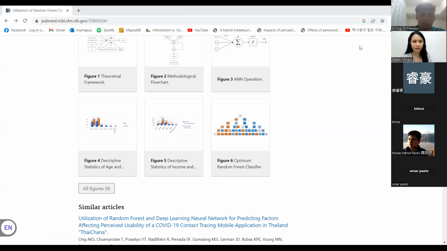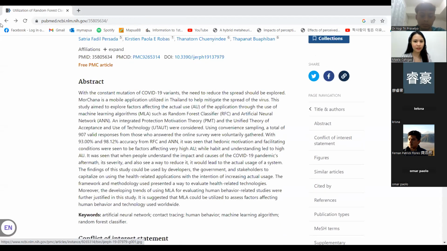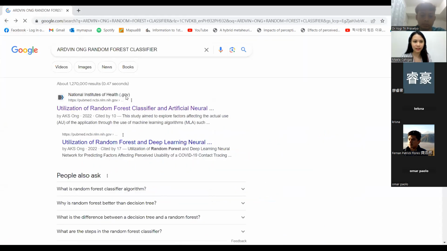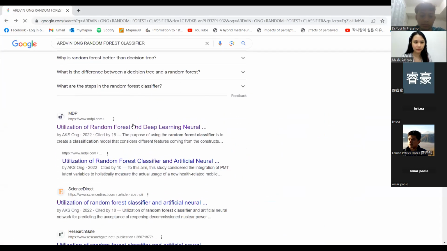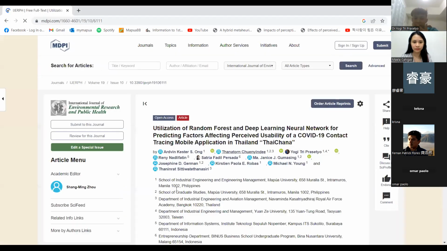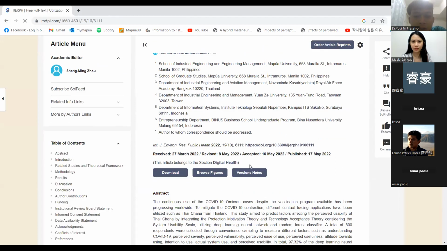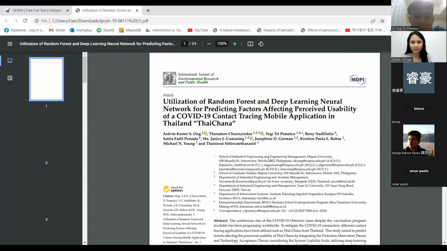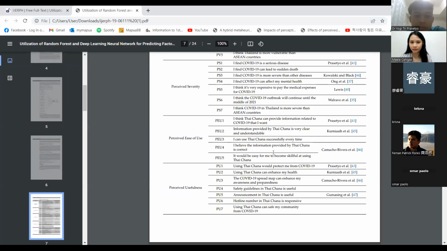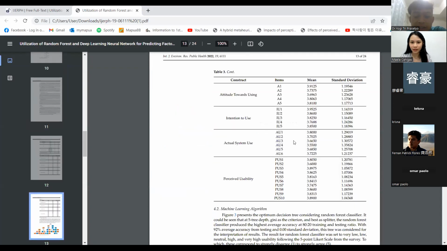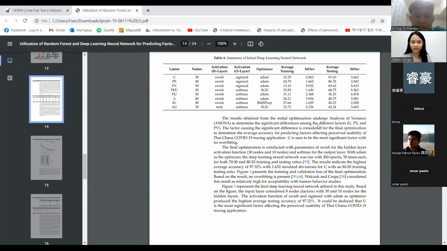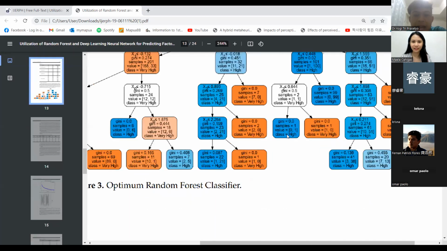I'll pick another one, the quality is low. Okay, just show one. Yeah, this one, the result. The random forest classifier result, RFC.